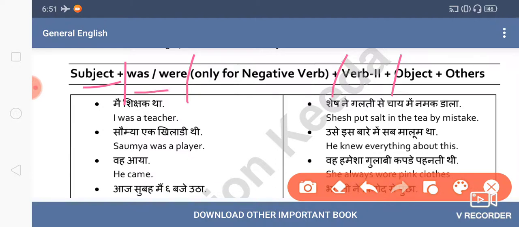And in the helping verb, you can see in the bracket it is written only for negative. Meaning when the sentence is negative, in that case we use it. Like if he has said, I was a teacher. In such cases, we use did only when the sentence is negative.